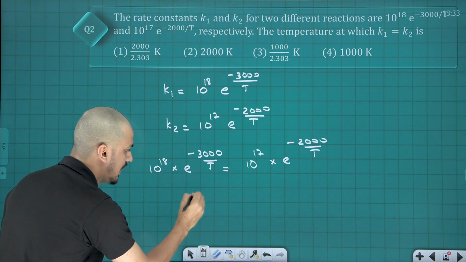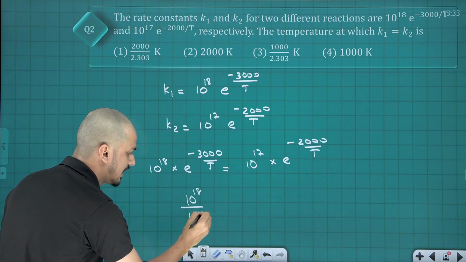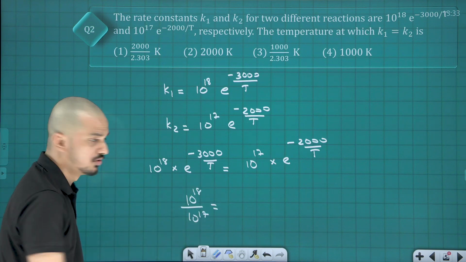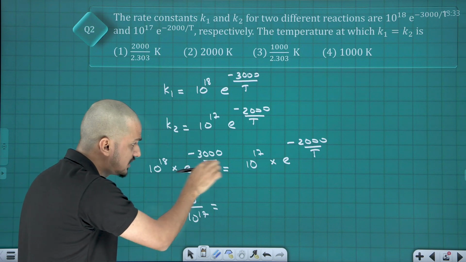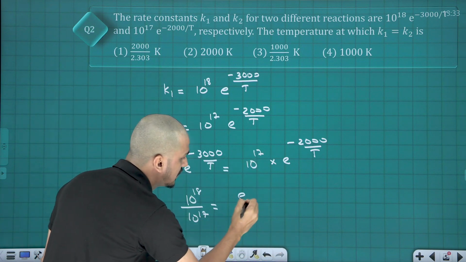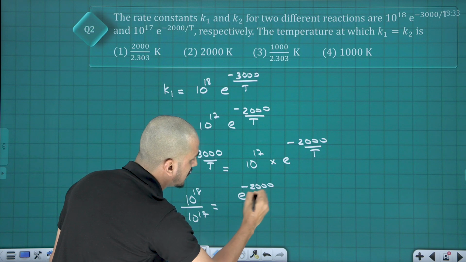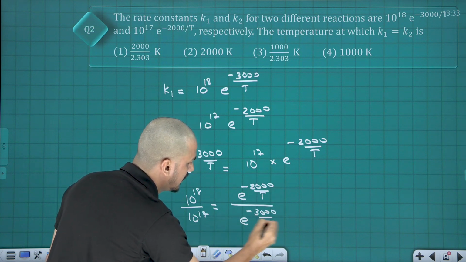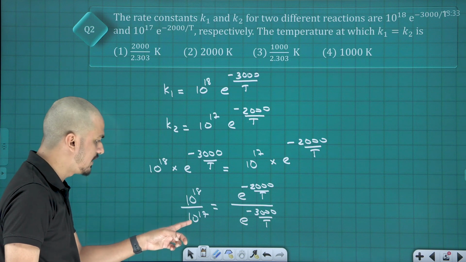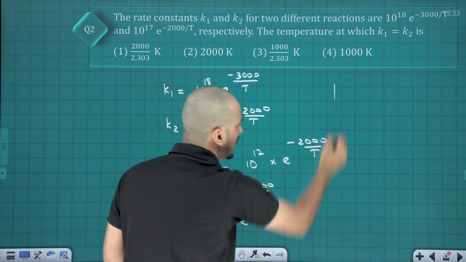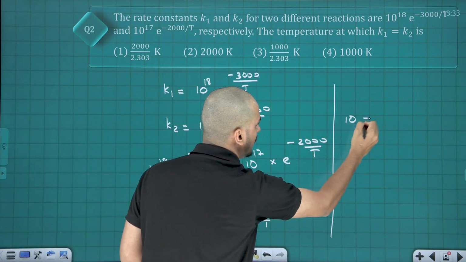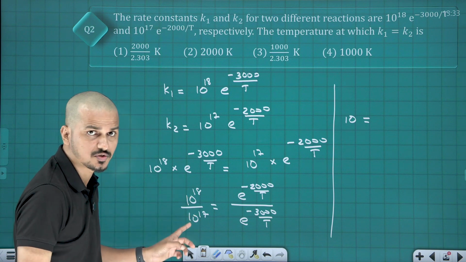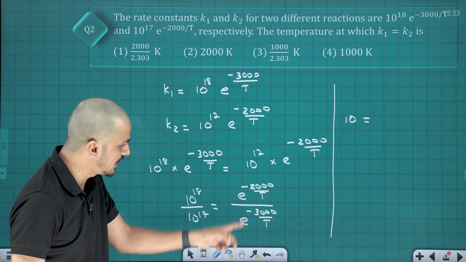So 10 raised to 18 divided by 10 raised to 17 is equal to e raised to minus 2000 by T divided by e raised to minus 3000 by T. Here a raised to m by a raised to n is equal to a raised to m minus n. Same thing I can apply here.